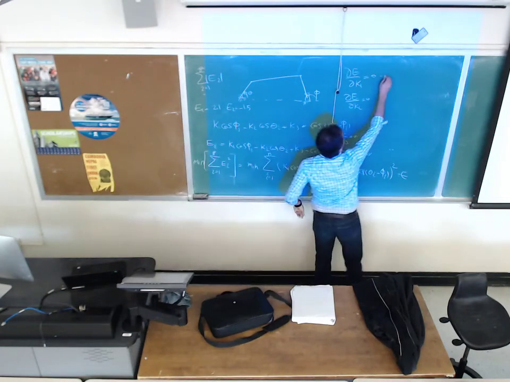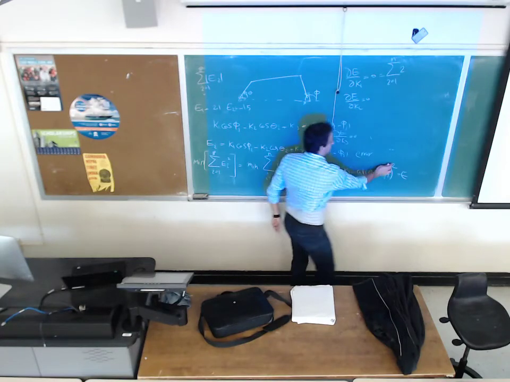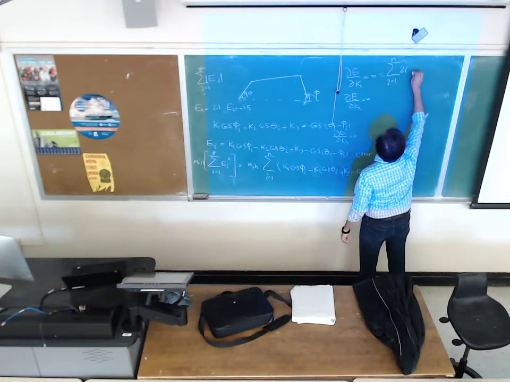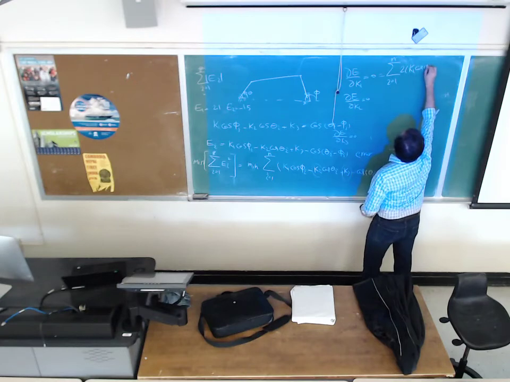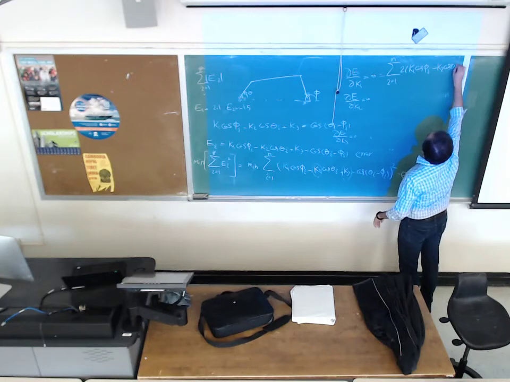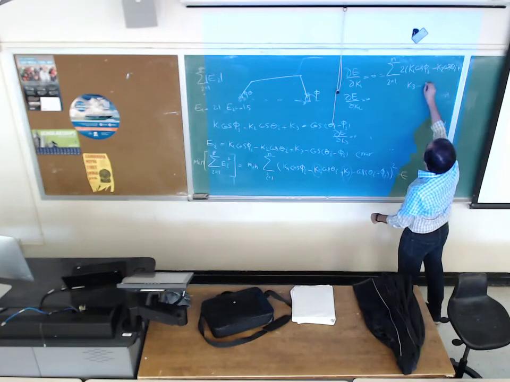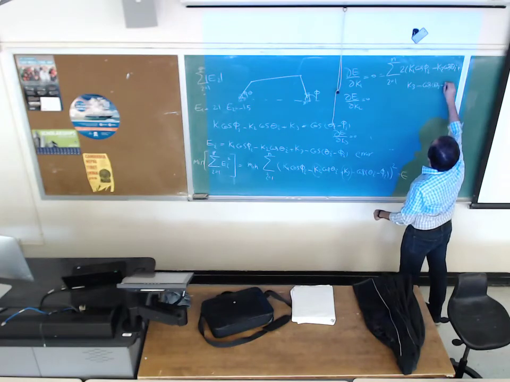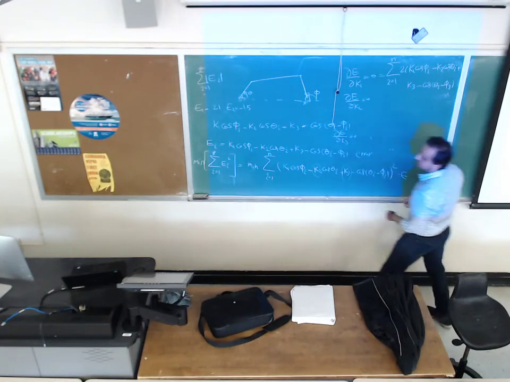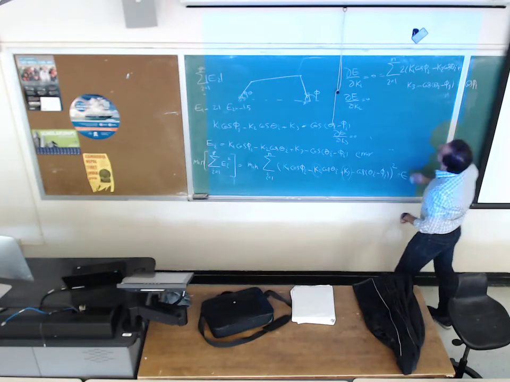So it's going to be the summation of I goes from 1 to n, 2 coming out of the parentheses, times K1 cosine of phi minus K2 cosine of theta I plus K3 minus cosine of theta I minus phi, times the derivative of this term with respect to K1, which is going to be cosine of phi. So this is the first equation.